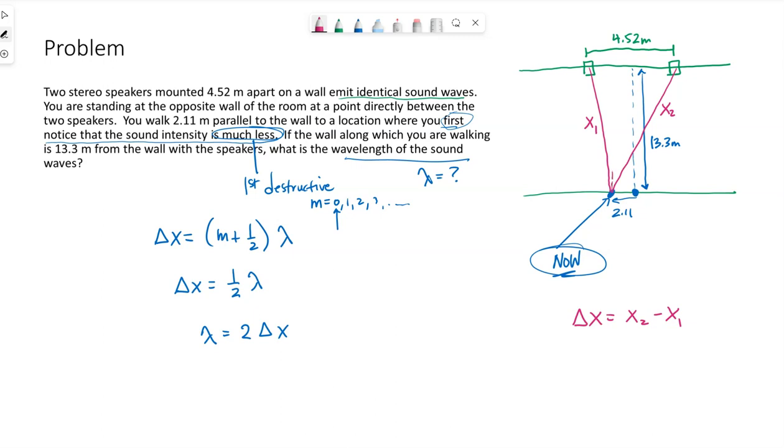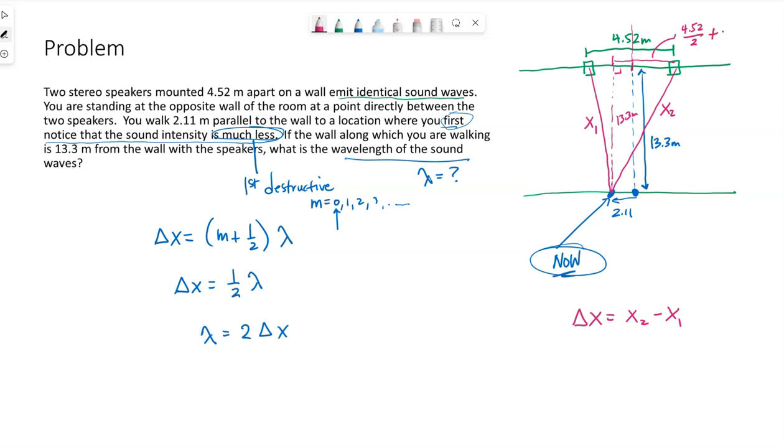All right, so I have here some right triangles. x2, for example, I know this side is 13.3 meters. This side is going to be whatever half, because since we were in the center to begin with, from the speaker to this middle location would be half of that 4.52 meters.